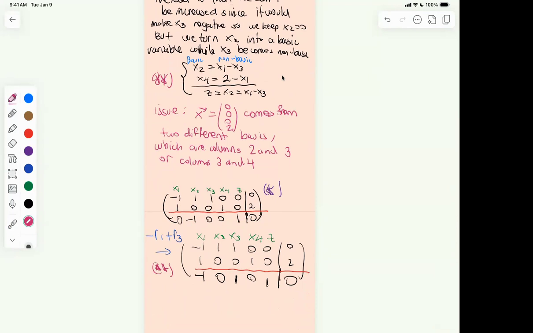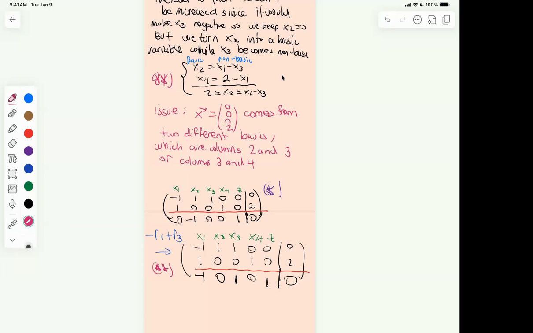So the issue with the degeneracy is that there was no progress being made because the function continues being at zero. The value of the optimization function is zero. The idea of the simplex method is that you always want to increase the value of the optimization function a little bit in each step. But here there's no progress being made.